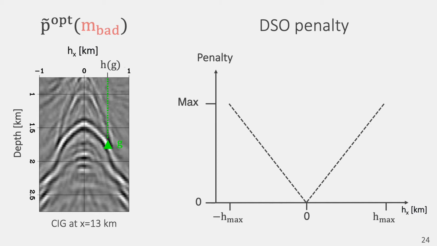Then we simply compute its mapping on the DSO penalty function, and we obtain its weight, p of g. Now let's assume that I want to compute a penalty value for a point located on the physical axis of the extended image, here shown on the left panel by the pink dot. In that case, the conventional DSO function will assign a 0 penalty value, as we can see on the right graph.